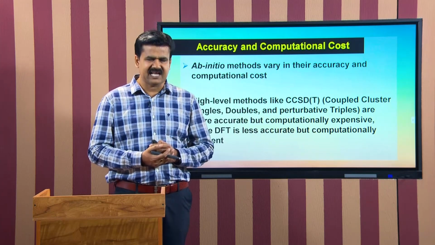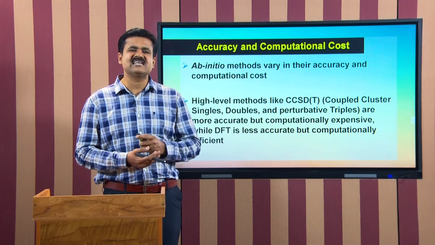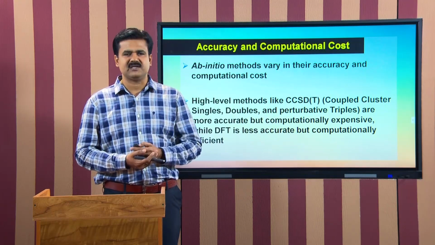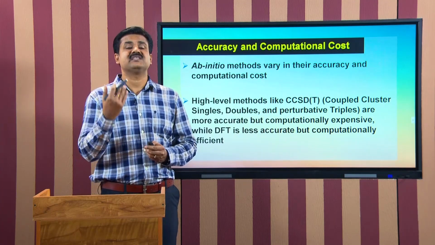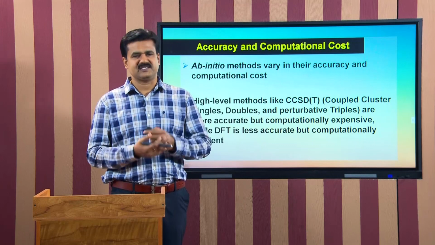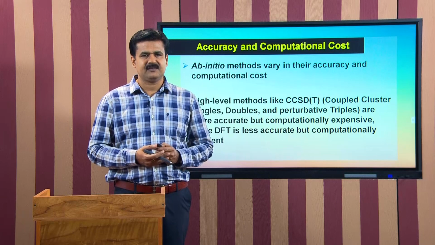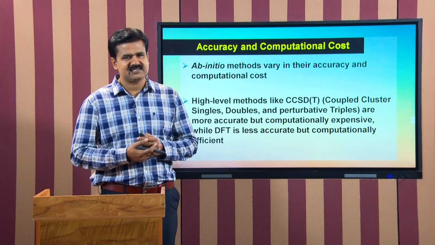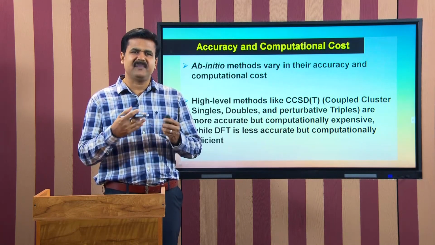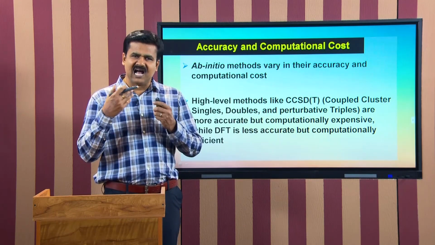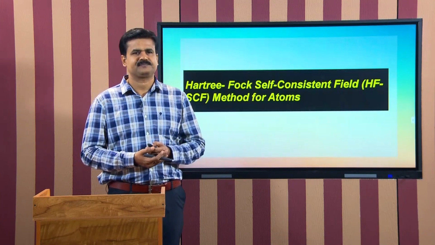High-level methods like CCSD(T), or coupled cluster singles, doubles, and perturbative triples, are more accurate methods, but they are computationally expensive. However, methods like density functional theory are less accurate but computationally efficient. So, the accuracy may vary and the computational cost may also vary.